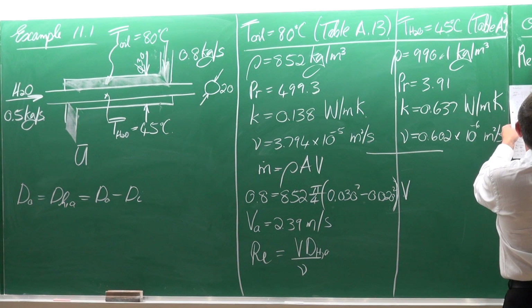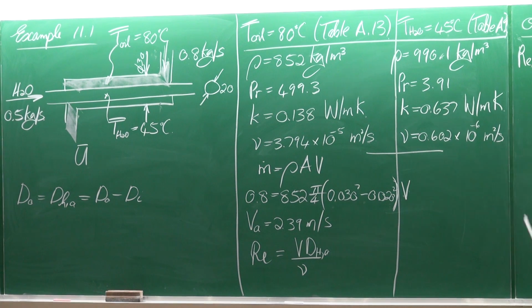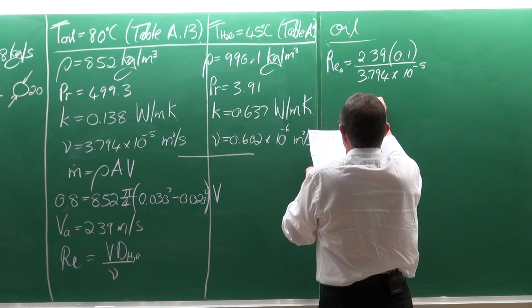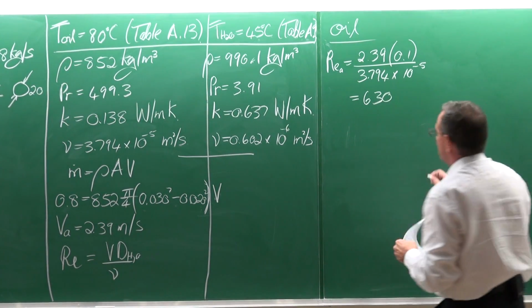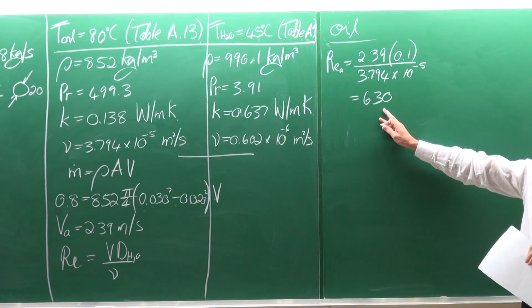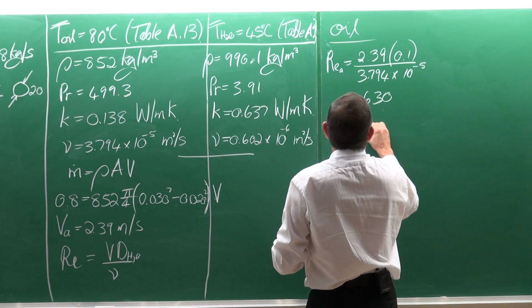The Reynolds number in the annulus is then equal to the velocity, which is 2.39, times the hydraulic diameter, which is 0.1, divided by the viscosity, 3.794 multiplied by 10 to the minus 5, and that would give us a Reynolds number of 630. The Reynolds number is low. It is low enough so that we know the flow is laminar. We've got laminar flow.